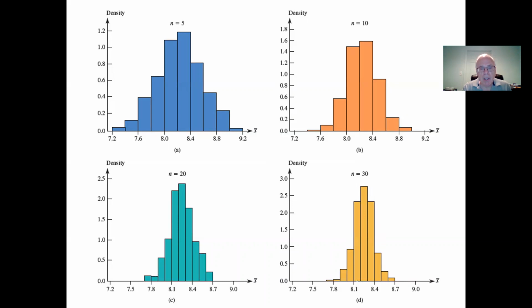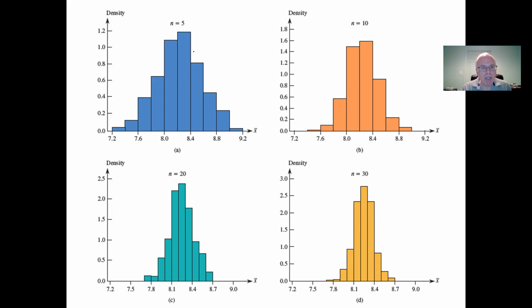So notice here that as the size of the samples goes up, the sampling distribution's standard deviation goes down. Let me repeat that. As the sample size goes up, the standard deviation of the sampling distribution of X bar goes down.